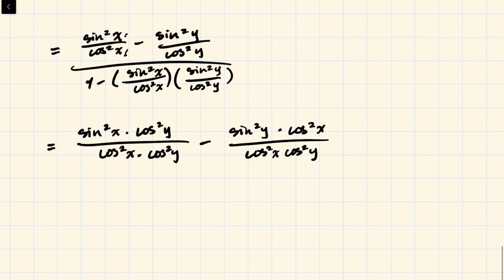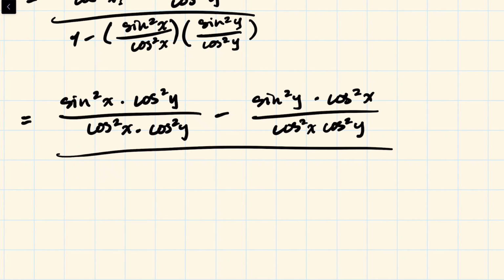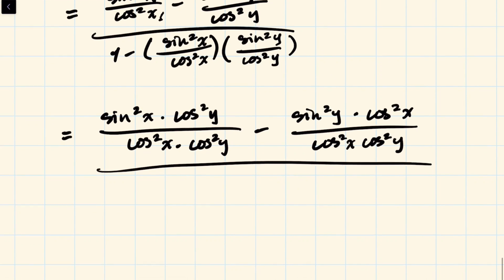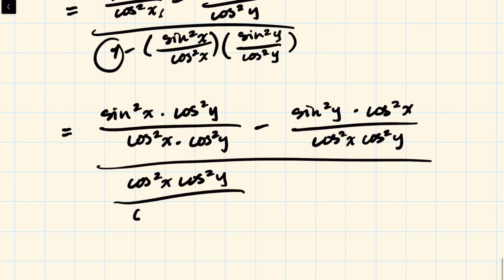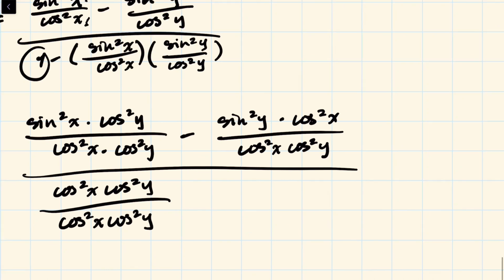Okay, so that's just our numerator, actually. That's still all over. And I guess it would probably be a good idea here to expand this as well. So this one I'm going to turn into cos squared x cos squared y over cos squared x cos squared y, right? Because that's just one. It's the same thing divided by itself, it's just one.